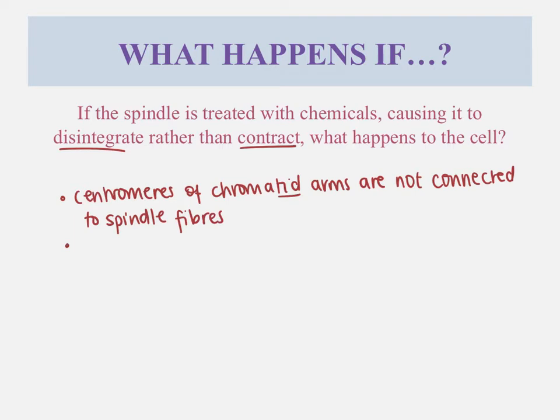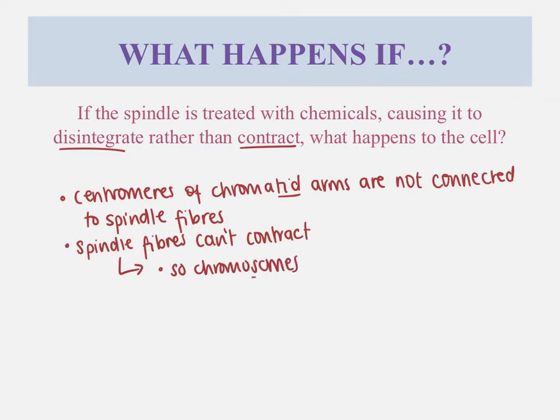This means that the spindle fibres can't contract because they've disintegrated. So the chromosomes, because we can call them chromosomes once they've separated, won't move to the opposite poles. And in turn, our cell won't divide.